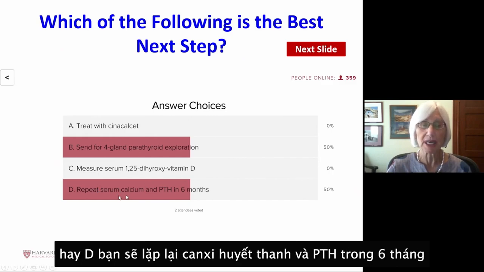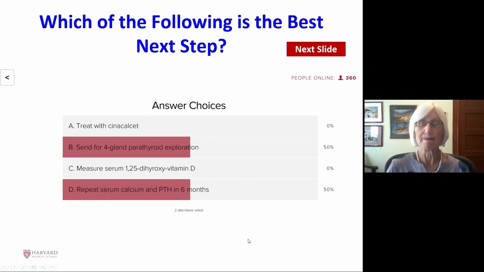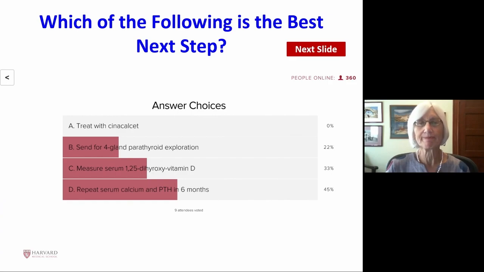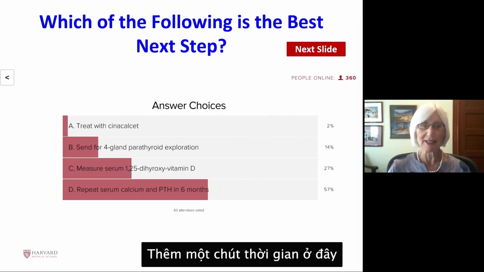Or D, would you repeat her serum calcium and PTH in 6 months? A little more time here.